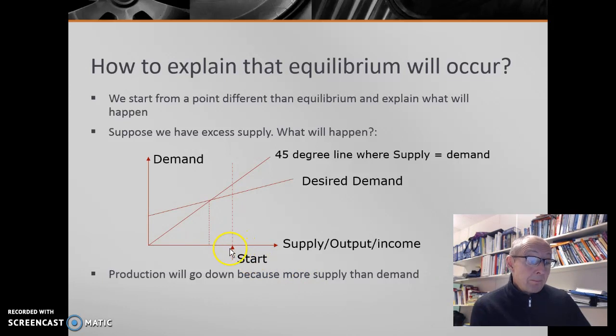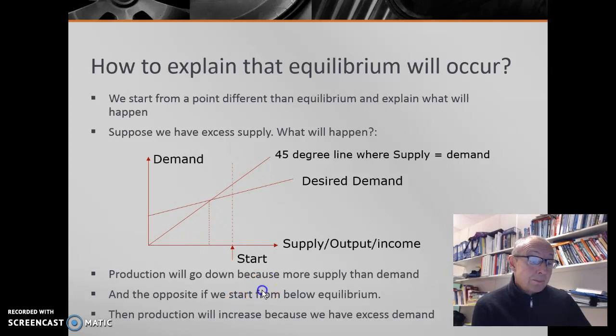So then if we start out here, we will go down closer to equilibrium. And the opposite, if we start from below equilibrium, the production will increase because we have excess demand.